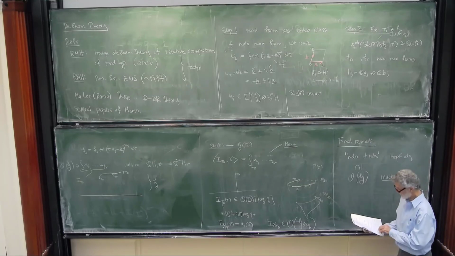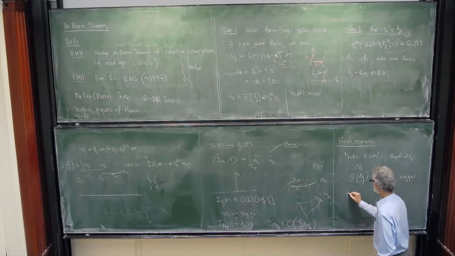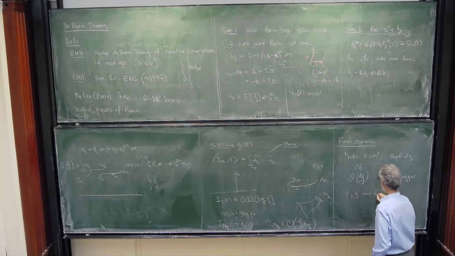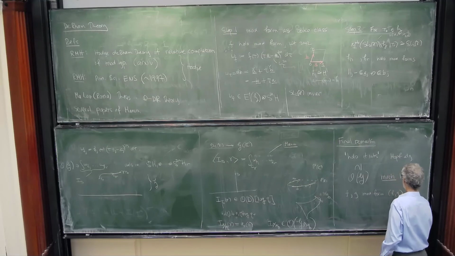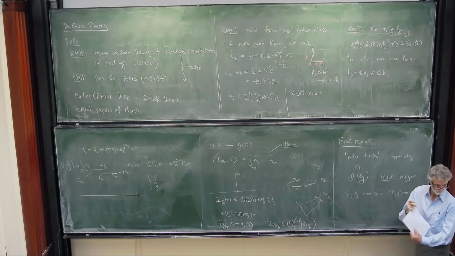If I take, just for simplicity, two forms, f and g are modular forms, and let's assume that the Petersson inner product is equal to 0. So for example, I could take them to be different weights.